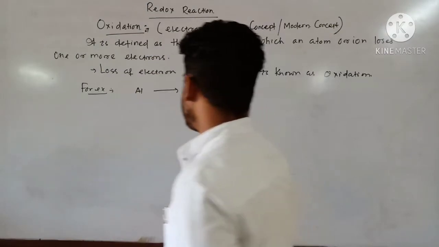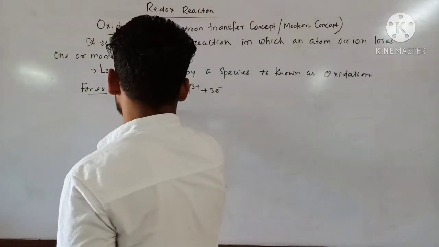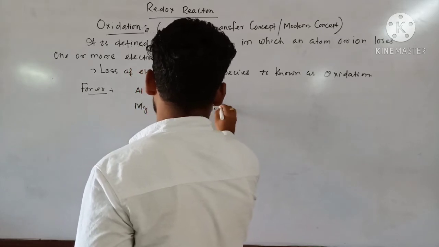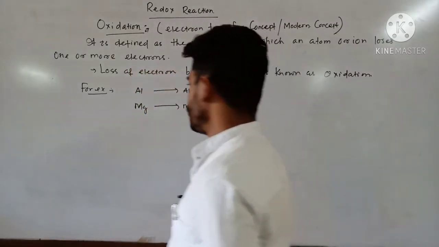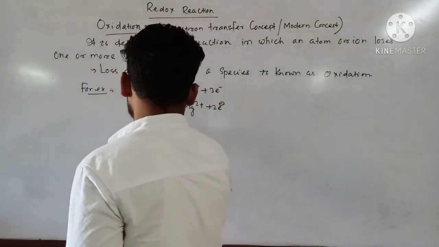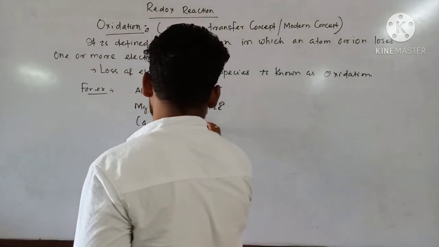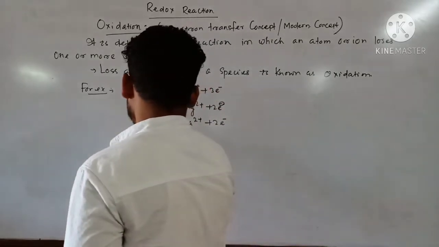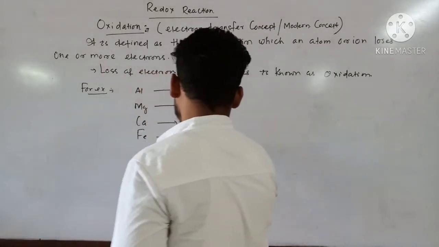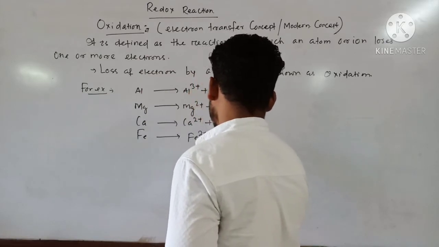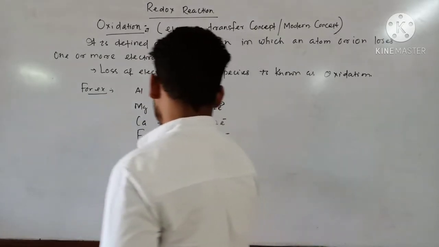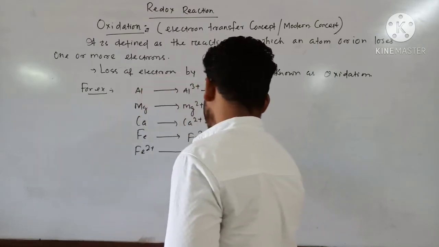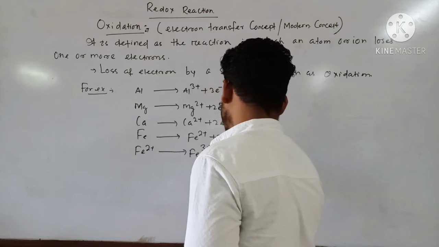Magnesium converted into Mg2+, loss of 2 electrons. Calcium converted into Ca2+, loss of 2 electrons. Iron metal gets converted into Fe2+, loss of 2 electrons. Again Fe2+ can be converted into Fe3+ by loss of 1 electron.